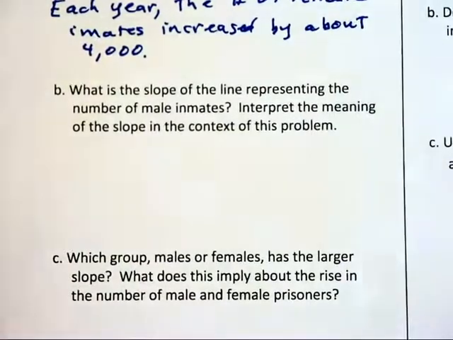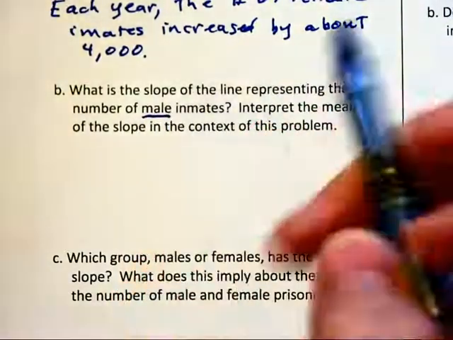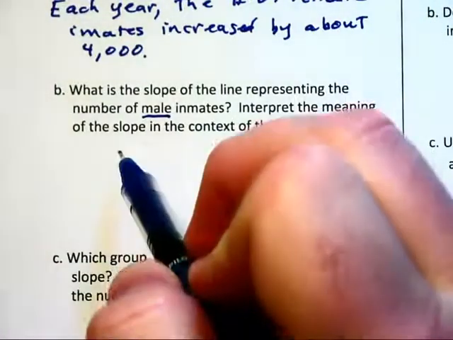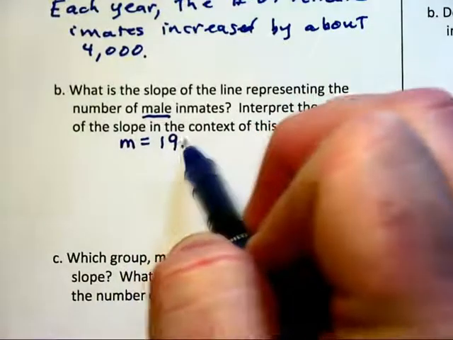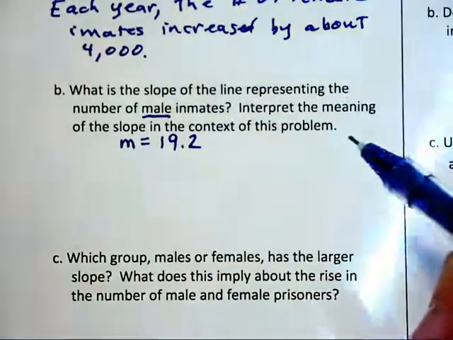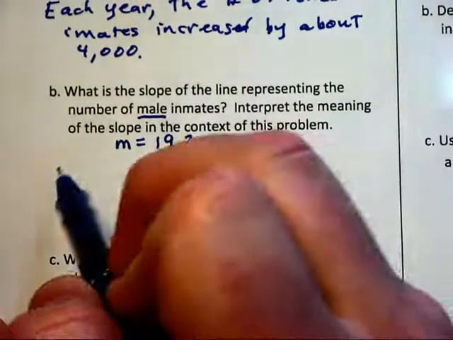Moving on to the next part, what does the slope of the line represent for the male inmates? Same thing. Going up above, we see that the slope is going to be 19.2. And when we describe this in context, I'm going to say pretty much the same thing.